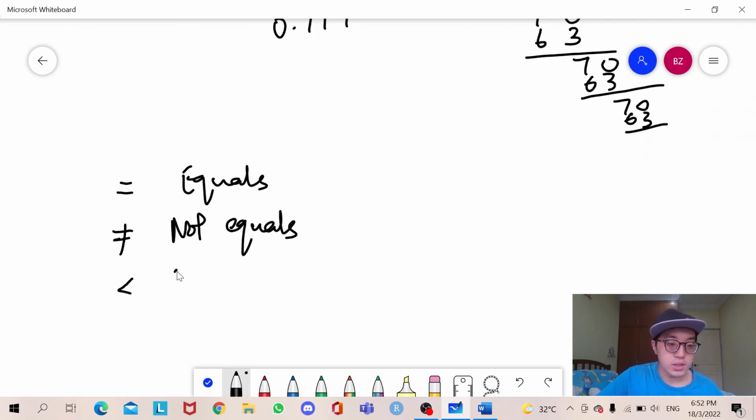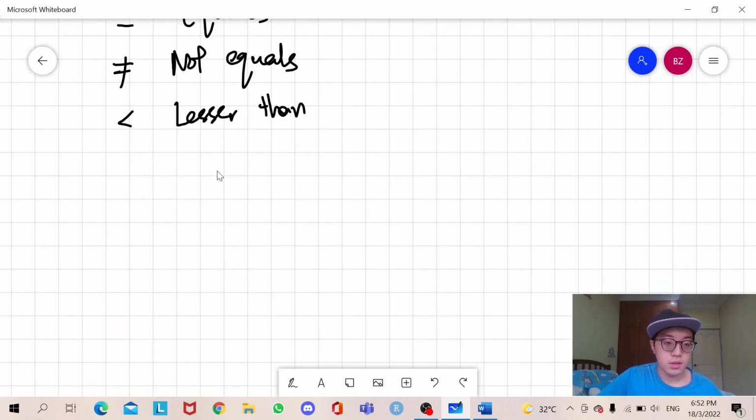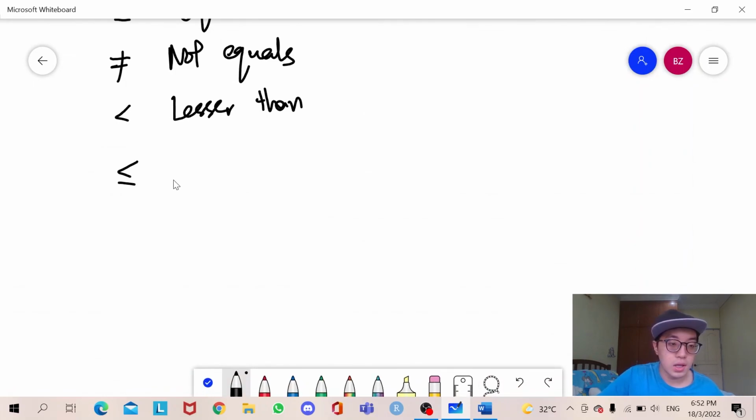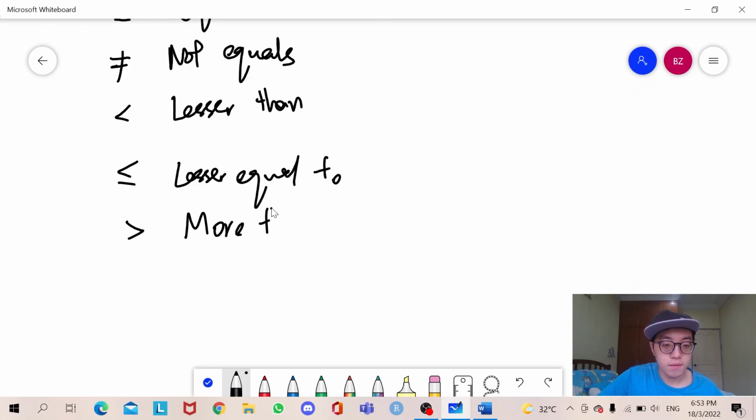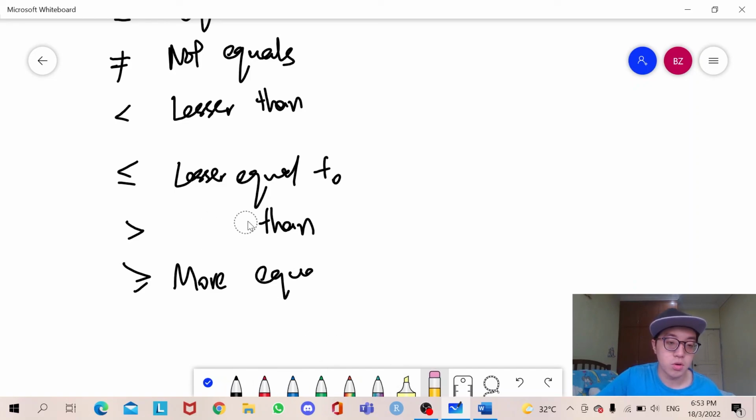All right, this is lesser than, and this is lesser or equal to, and this is larger than, and this is larger or equal to.